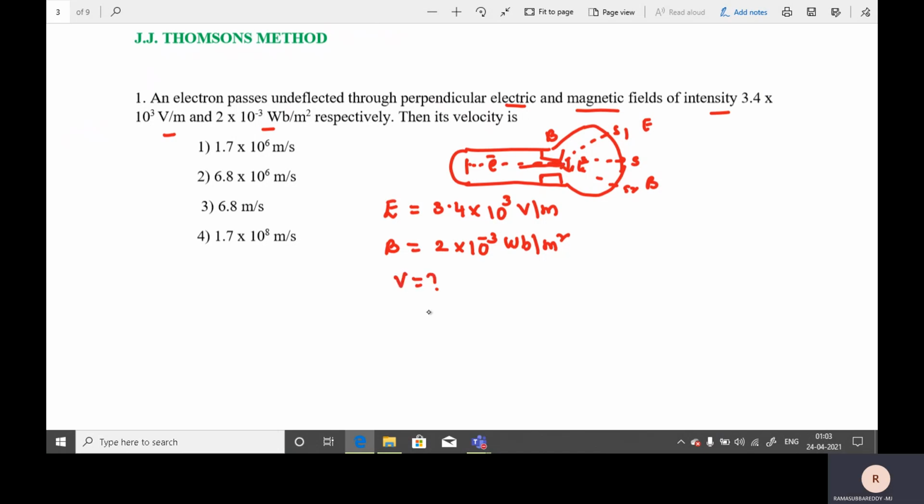We discussed in the first synopsis, the velocity v is equal to E by B. Then E is 3.4 into 10 to the power of 3 and B is 2 into 10 to the power of minus 3. So this will go up as 10 to the power of 6, and 3.4 by 2 is nothing but 1.7. 1.7 into 10 to the power of 6. So our option 1 is the correct answer.